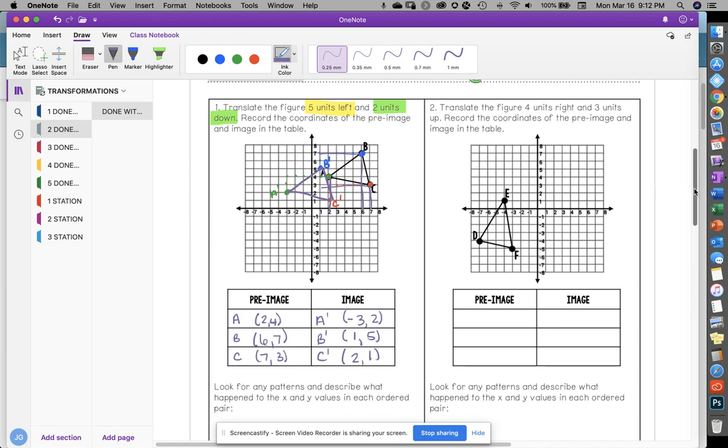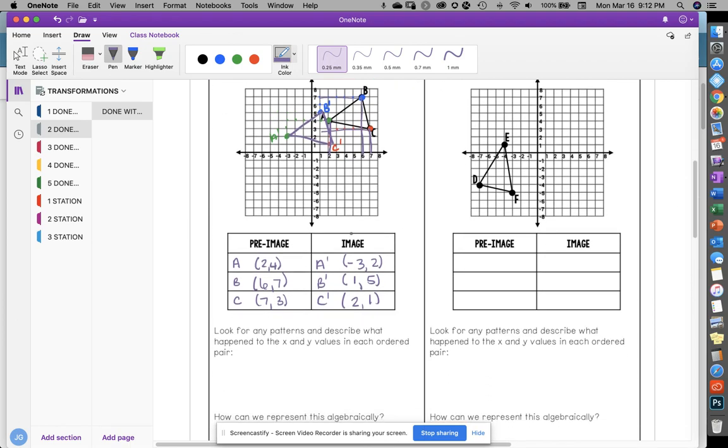So what you should notice here between these ordered pairs is that moving left decreased all of your X's by 5. So let me point that out to you. Your X is your first value. So I went from 2 to -3. That's by 5. What is 6 take away 1? That's 5. What's 7 take away 2? That's 5.